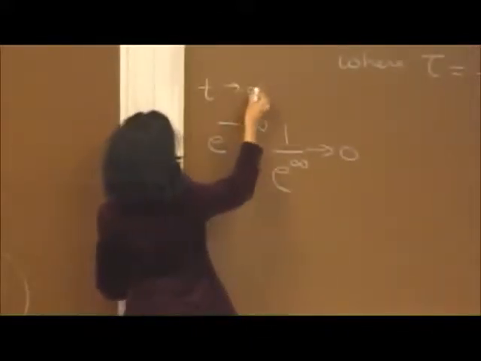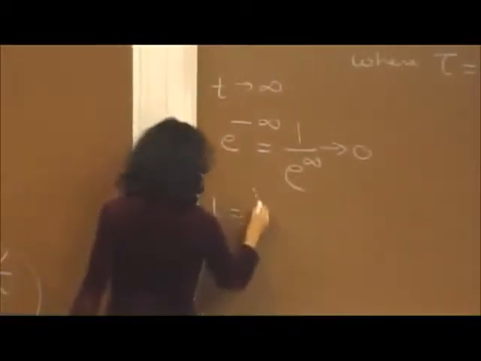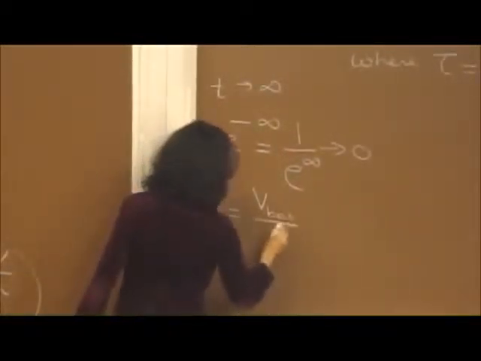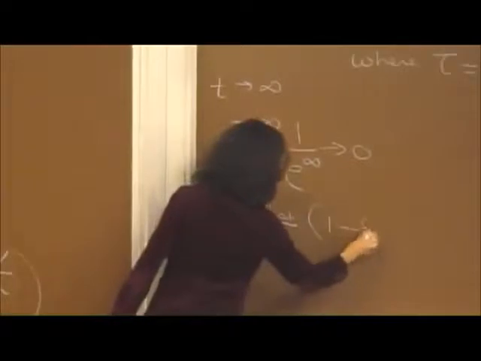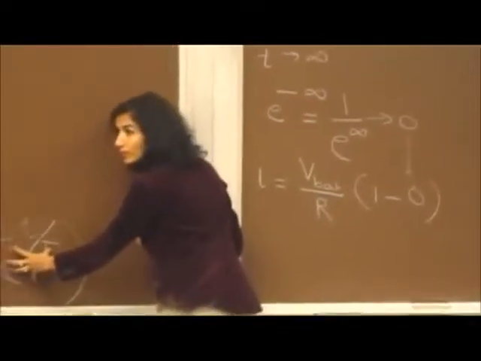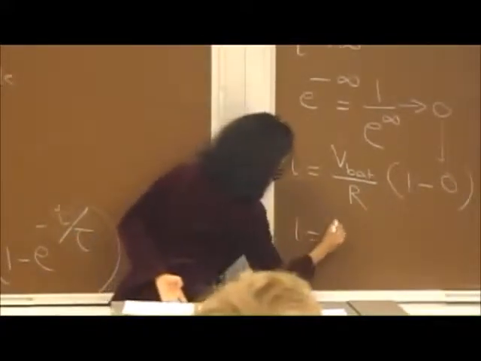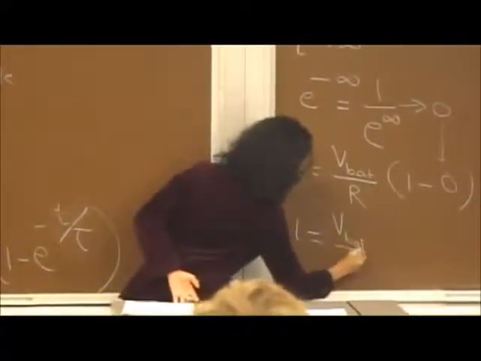That means as t goes to infinity, I becomes equal to V battery divided by R times (1 minus 0), because this term becomes 0. Therefore I is equal to V battery divided by R.